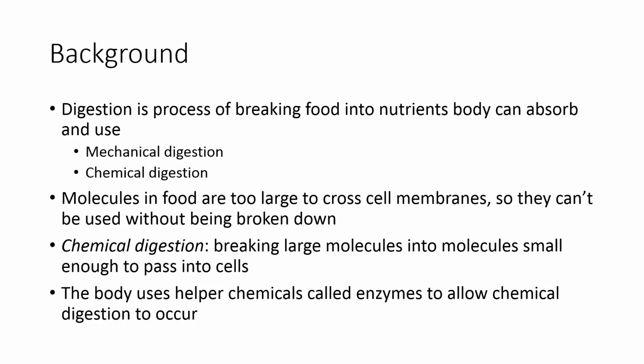They just allow that chemical reaction to occur very quickly at a very, very low temperature. The same chemical reaction happening in a jar on a bench would have to be heated to hundreds of degrees Celsius. But of course, in your body, they have to happen at 37 degrees Celsius. And that's what the enzymes do. They allow the chemical digestion to occur more quickly and at a lower temperature.